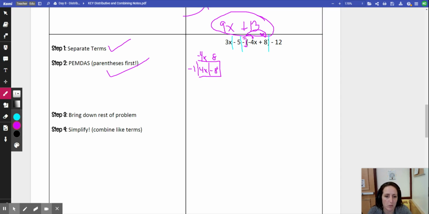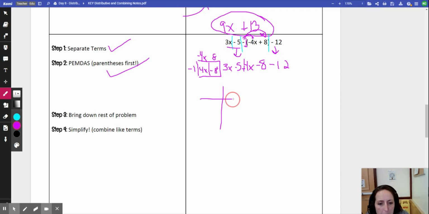So the answer from distributing is 4x minus 8. Bring down everything else. So we have 3x minus 5. Since it's a positive 4x, we have plus 4x. Then we bring down our minus 12.